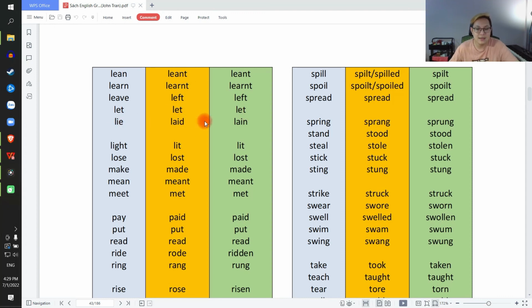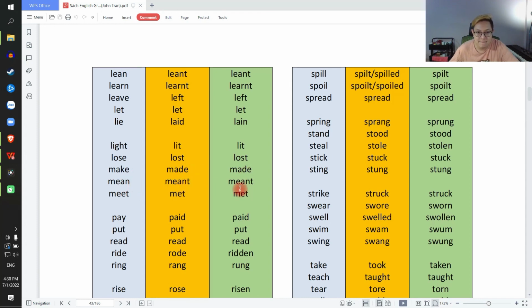Lie, laid, lain. Light, lit, lit. Lose, lost, lost. Make, made, made.